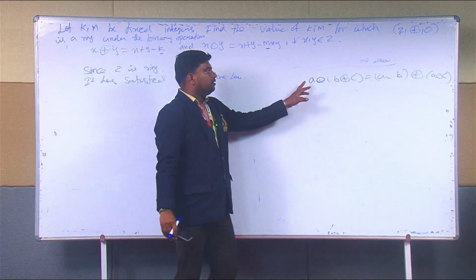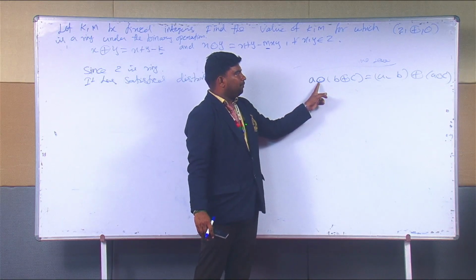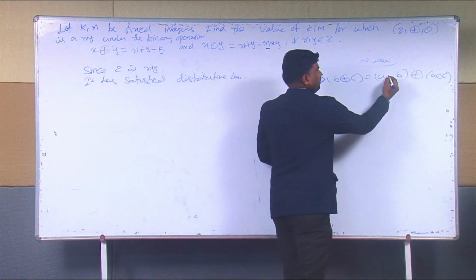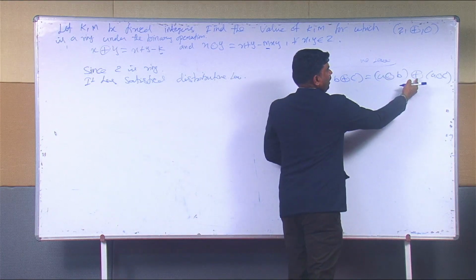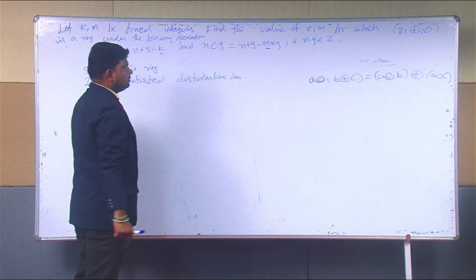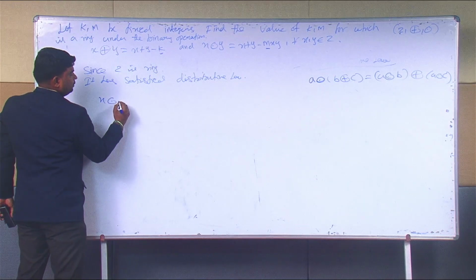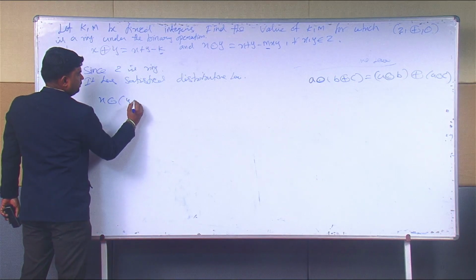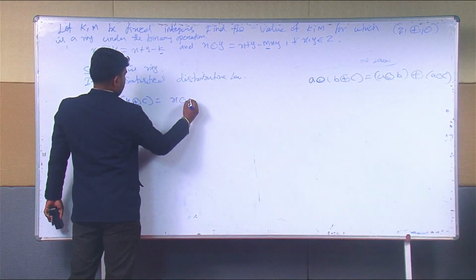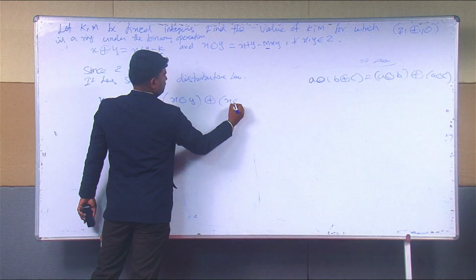I take the first axiom: x multiplication modulo (y addition modulo z) is equal to (x multiplication modulo y) addition modulo (x multiplication modulo z). So implement these conditions: x dot (y plus z) is equal to x dot y plus x dot z.